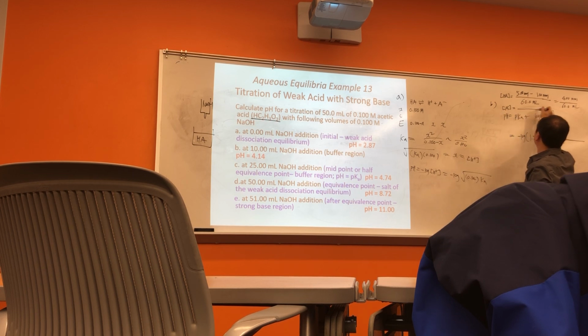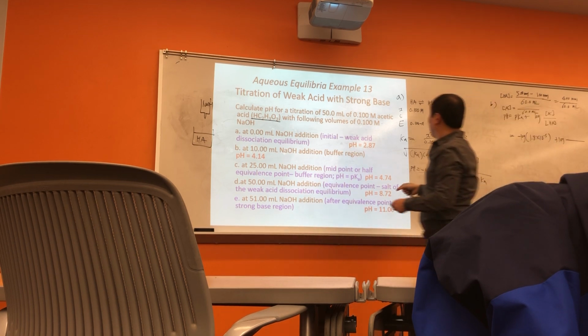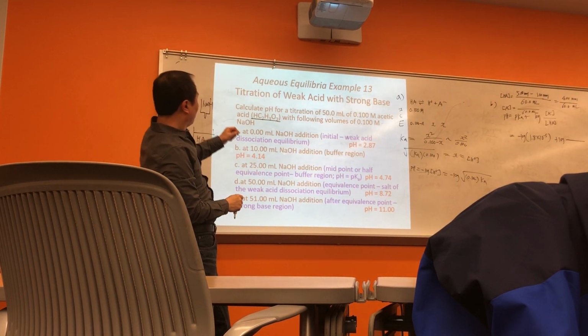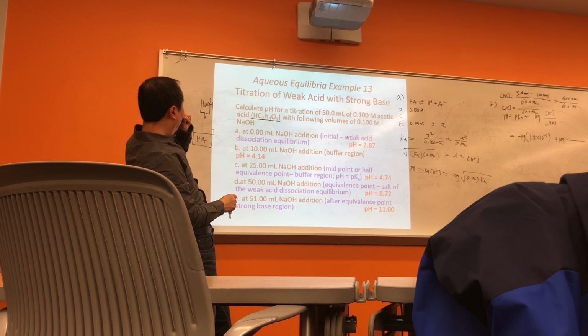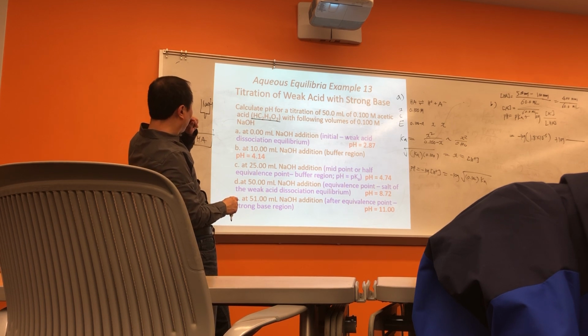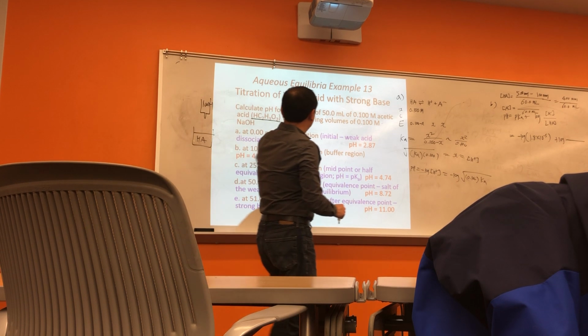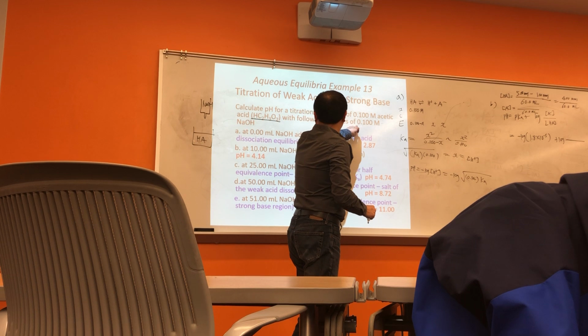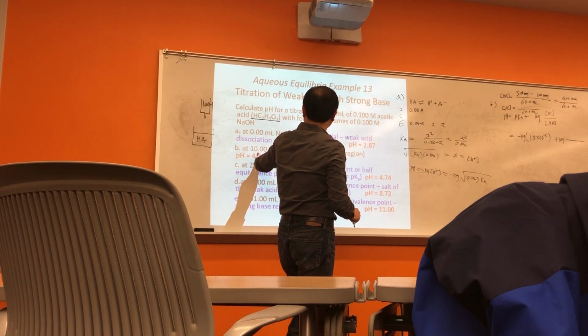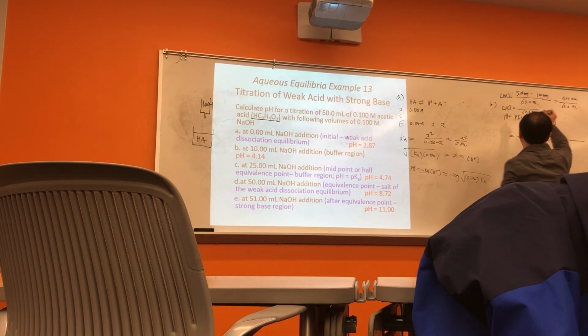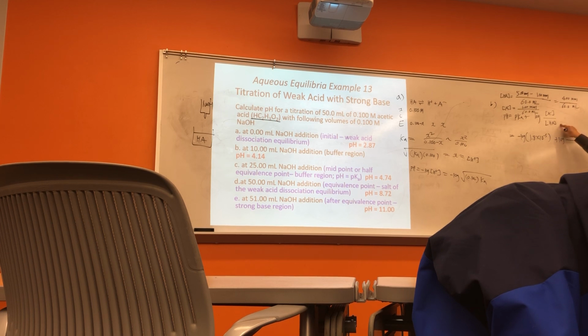The conjugate base: originally I didn't have conjugate base, but because you are adding 1 millimole, we will get 1 millimole of conjugate base. So I can put this concentration here, but the thing is 60 milliliter is a common factor.